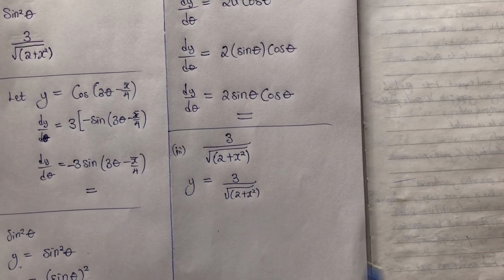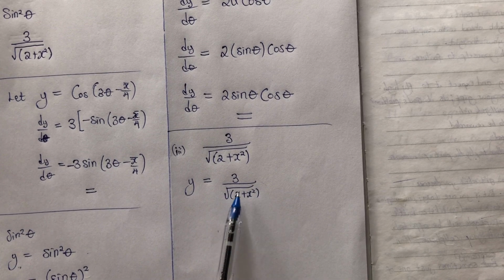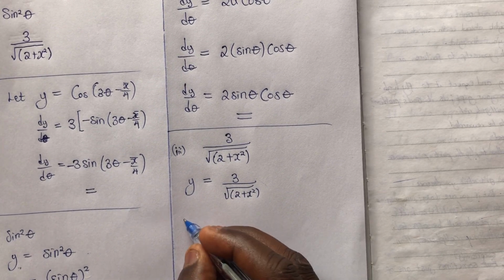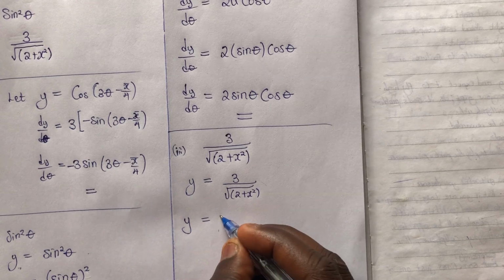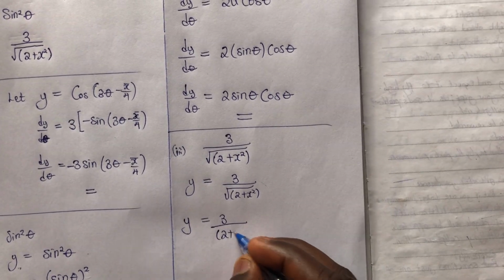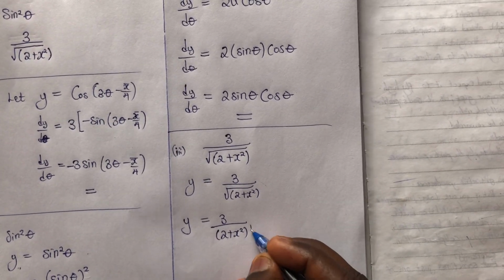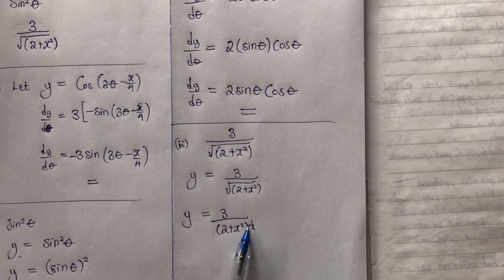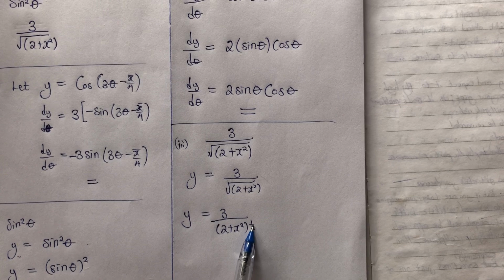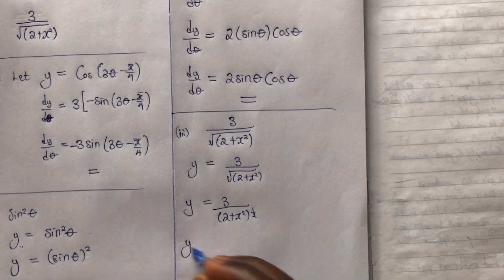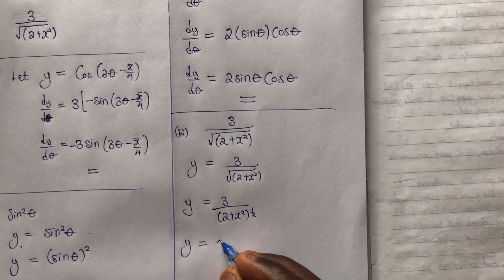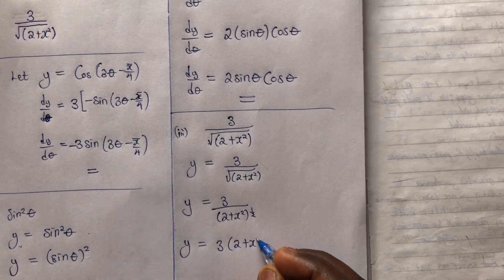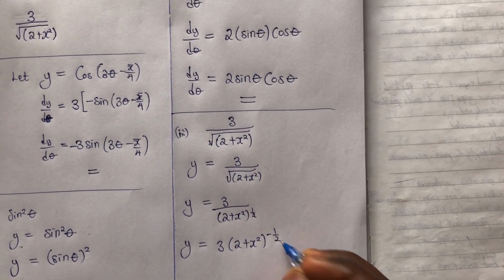The simple way to do this is to change this to a linear function by saying that y will be equal to 3 times (2 plus x squared) to the power of 1 over 2. So change the square root to this sign. From the square root, I can write 1 over 2. And then I can rewrite it as y being equal to 3 times (2 plus x squared) to the power of negative 1 over 2.